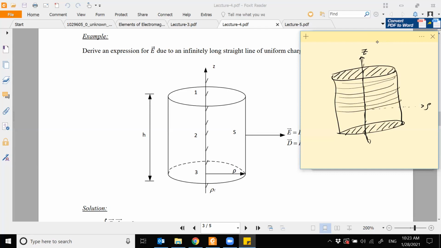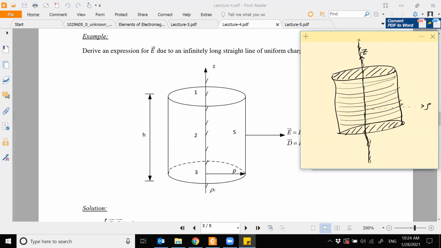Now you are enclosing the line charge inside a closed cylinder, but you need a finite length of the cylinder. You cannot put a cylinder of infinite length to apply Gauss's law, because my line charge is of infinite length, going like this and like this.